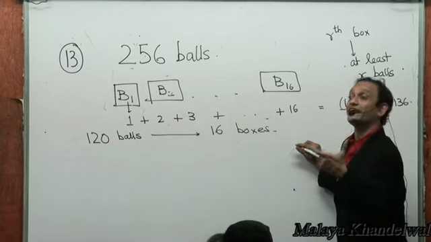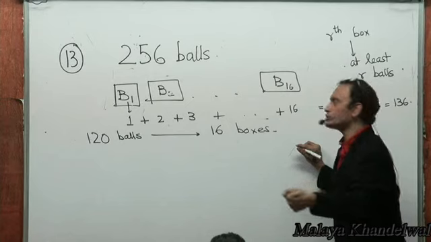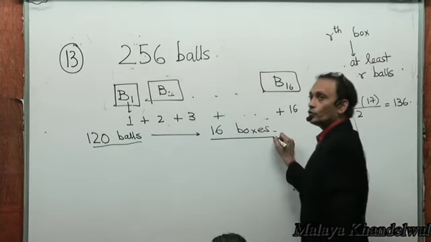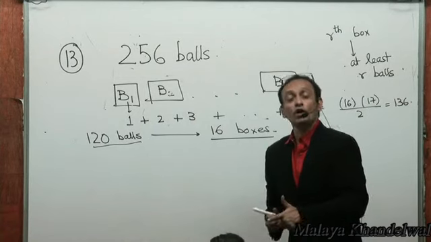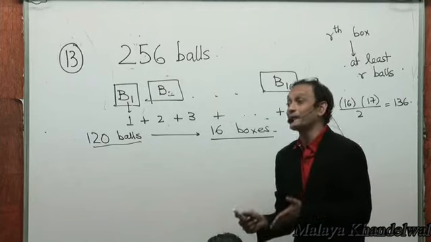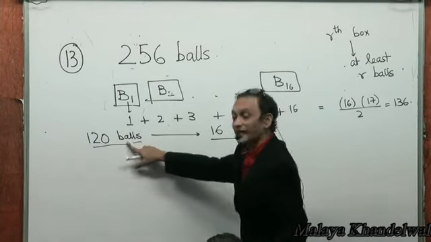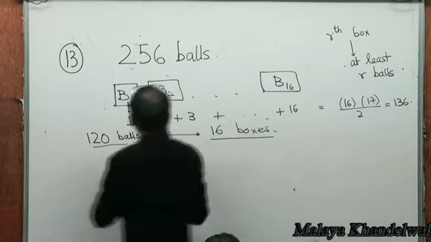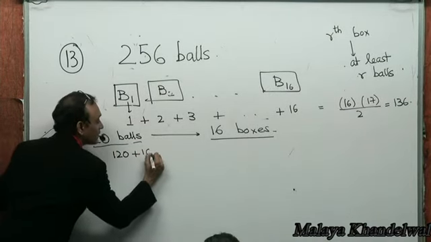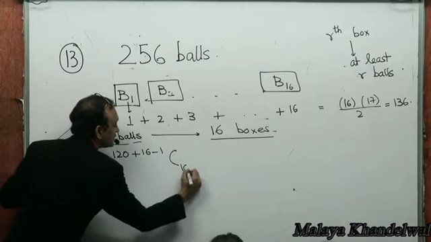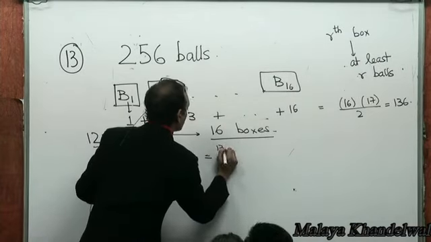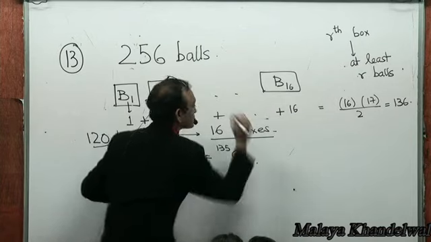If N identical things are to be given to R people with the possibility of a person getting nothing, it is N plus R minus 1 C R minus 1. This is N, this is R. So the number of ways in which this could be done is N plus R minus 1 C R minus 1.